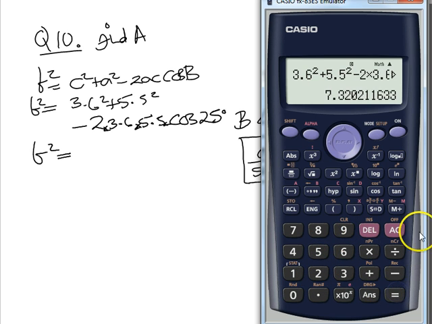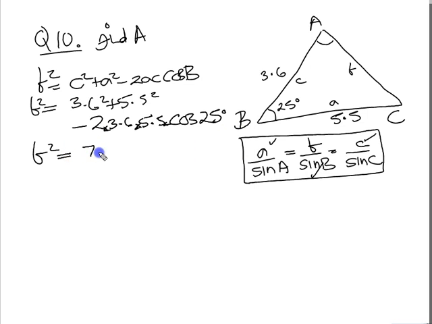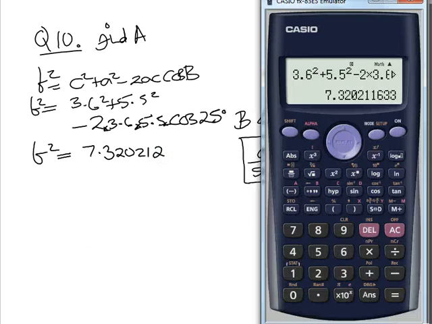Okay, press equals, that's B squared. 7.320212. 7.320212 we said, didn't we? Keep it nice and accurate because we're going to square root that.